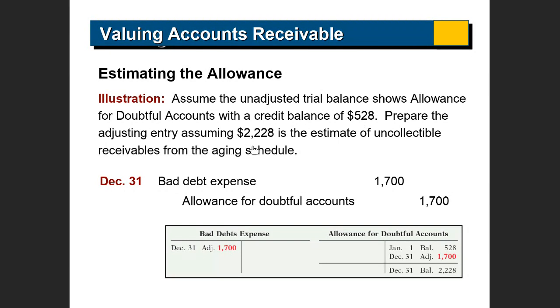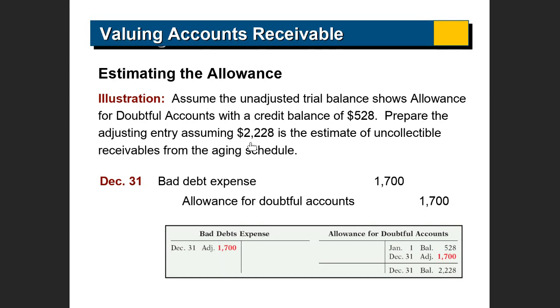Prepare the adjusting entry assuming 2,228 is the estimated. So now your unadjusted account shows 528 and you have to make it 2,228. So what is the difference between these two? 1,700.